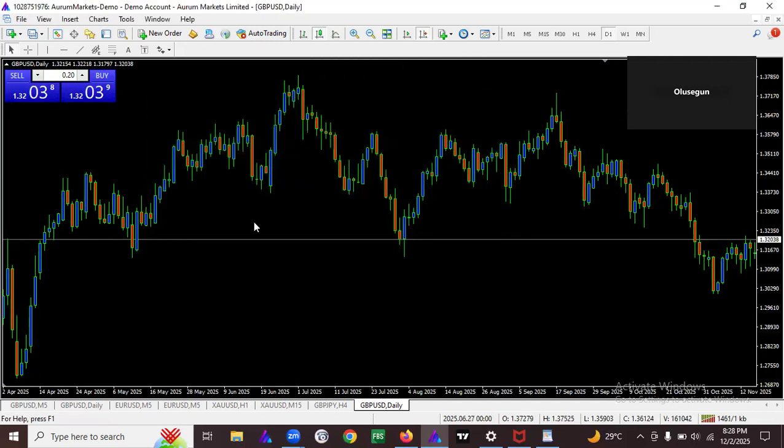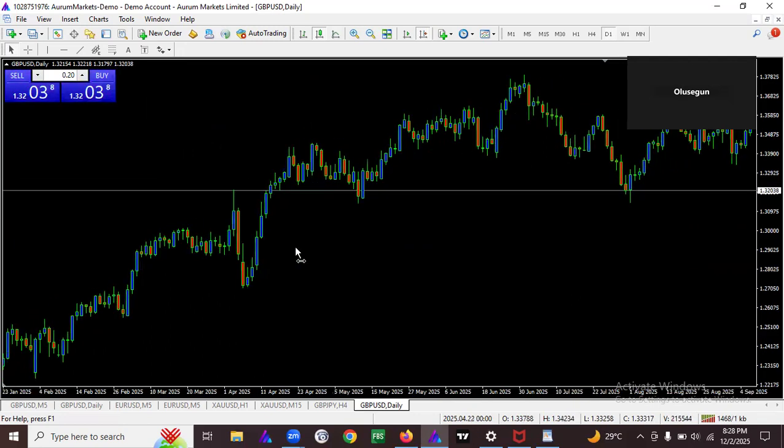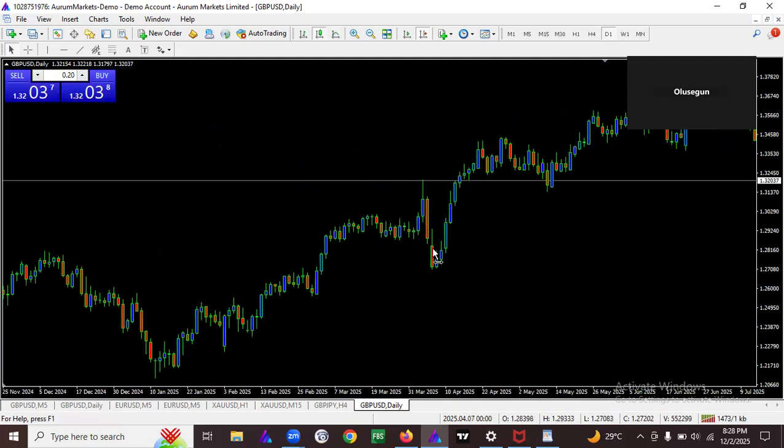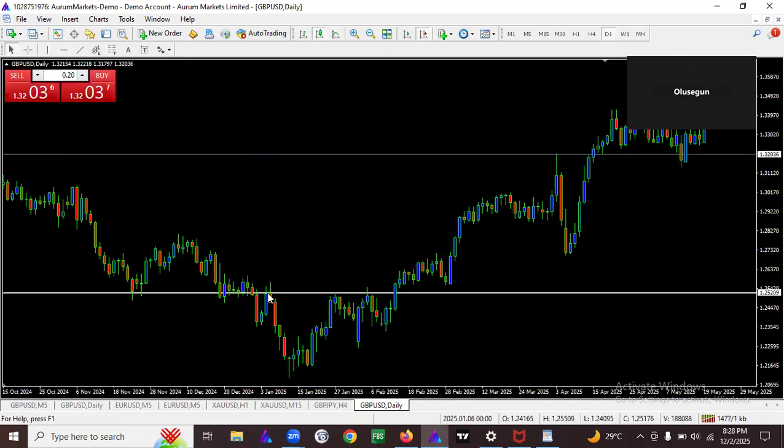For my examples, when a level has been used as support or resistance in the past, that is a key support or resistance level. We had this resistance at this point.